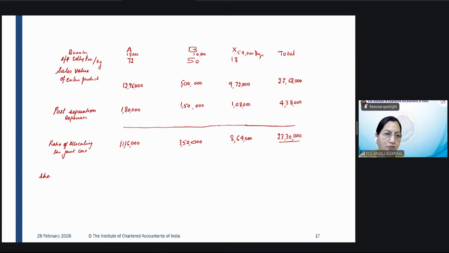So share in joint costs: 11 lakh 16,000 divided by 23 lakh 30,000 multiplied by joint cost of 12 lakh 88,000. Is it clear so far, everyone?